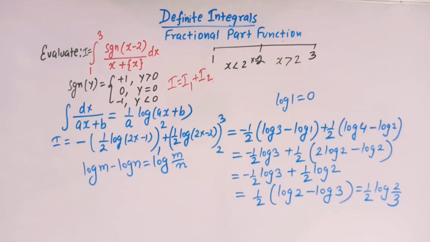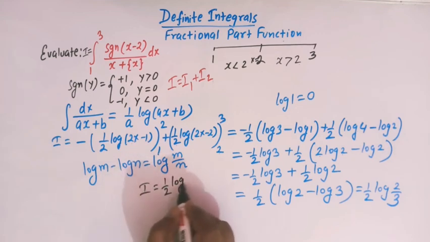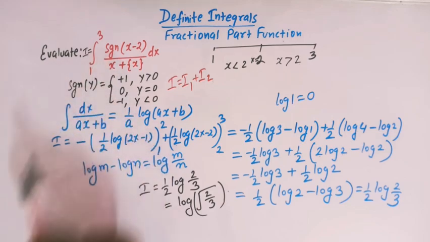So viewers, the value of this integral is equal to half log 2 over 3, and this expression can also be written as the log of the square root of 2 over 3, right? So this is how we solve this integral.